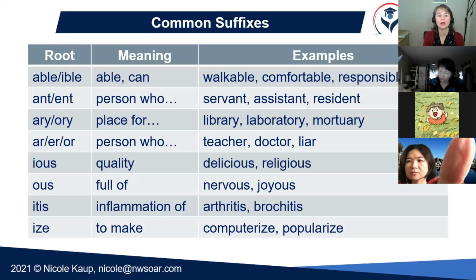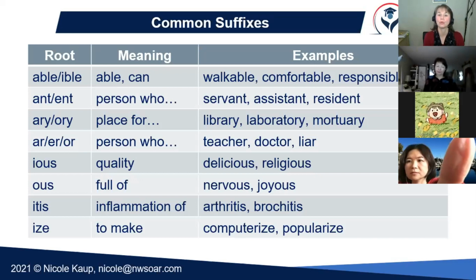ARY and ORY are places for. Library, it's a place for, well, LIBR is the root for books, actually, so a place for books. Laboratory: you notice the word labor, work. In American English, it's laboratory, with the O silent in the middle of that word, which is different from British pronunciation, but you do see labor in there.